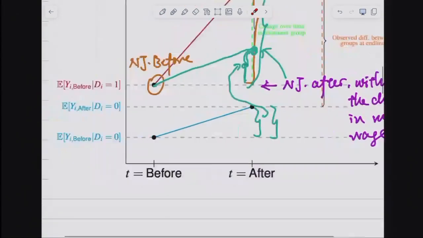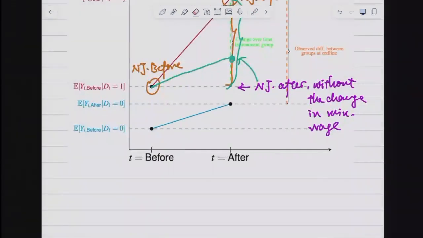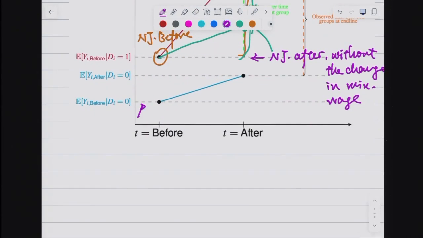Now, one could also attempt to use the end-line outcome for the control group. So if we look at this plot here, this blue line corresponds to Penn state. This is the Penn state before, which is the left endpoint, and the right endpoint is the Penn state after.